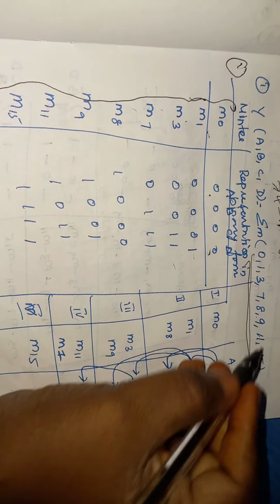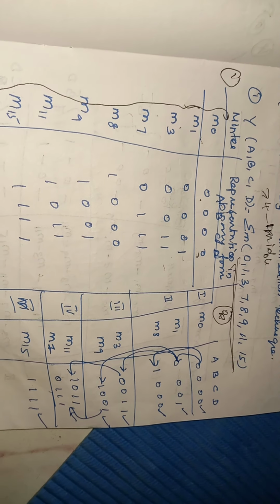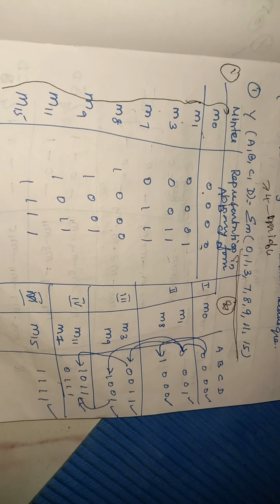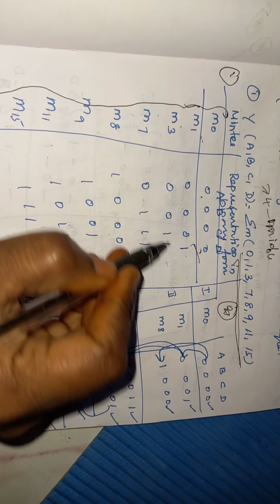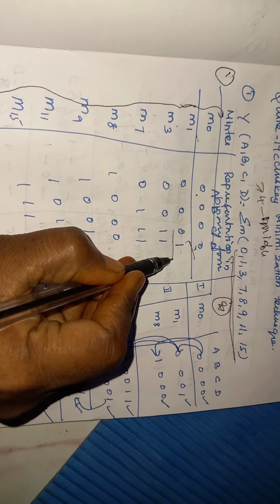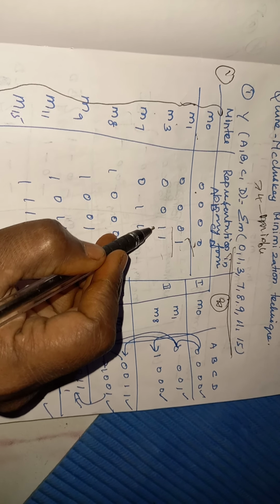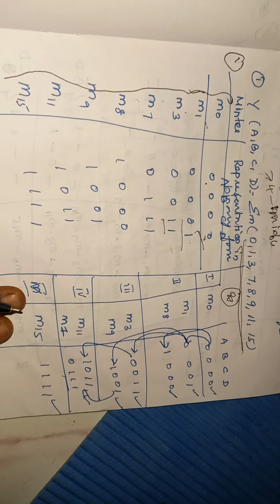Then the second step is to arrange the minterms such that one group has only one 1, another group has two 1s, and so on. In such a way you have to arrange the minterms.